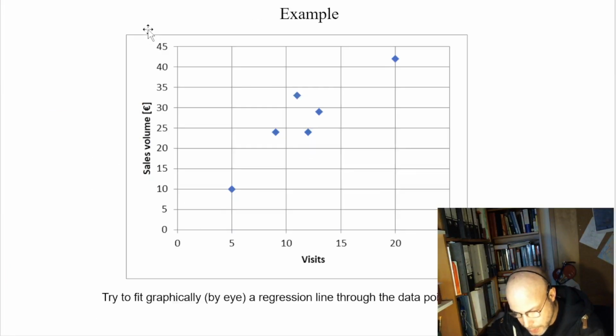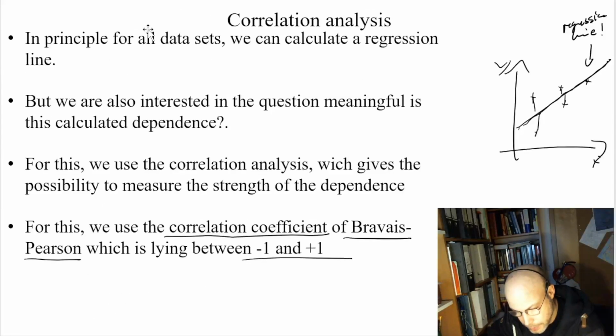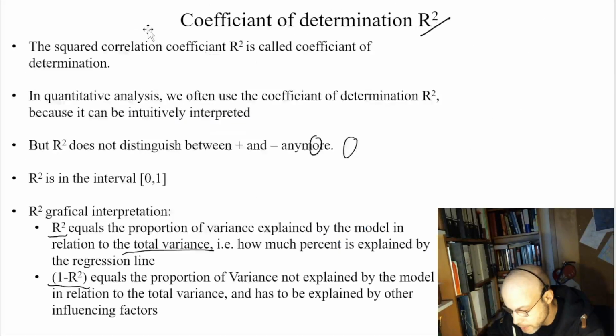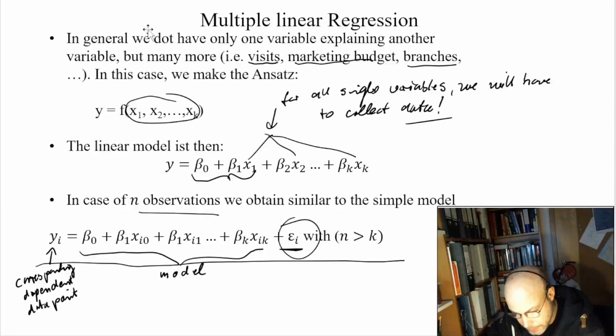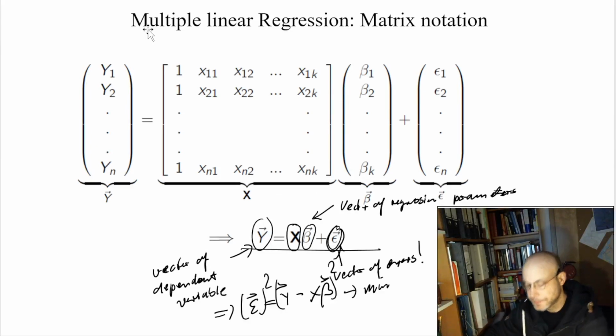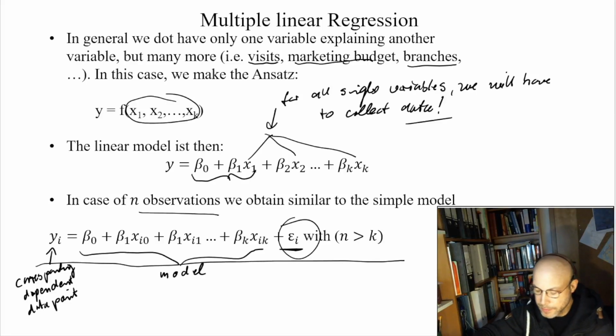Because what we have done until now, we talked about the multiple linear regression last time, where we said, well, in general, we will not have only dependence between our variable which we want to measure.